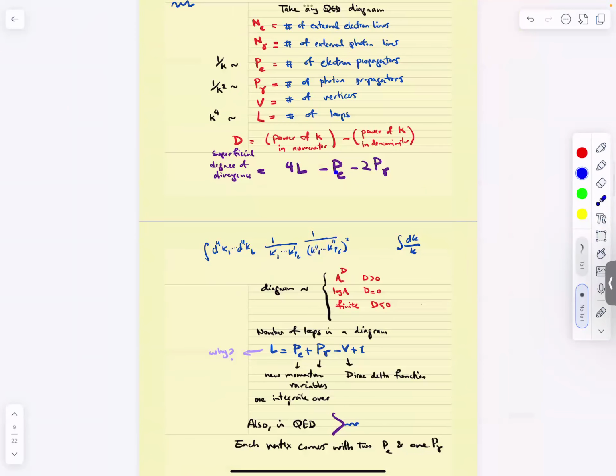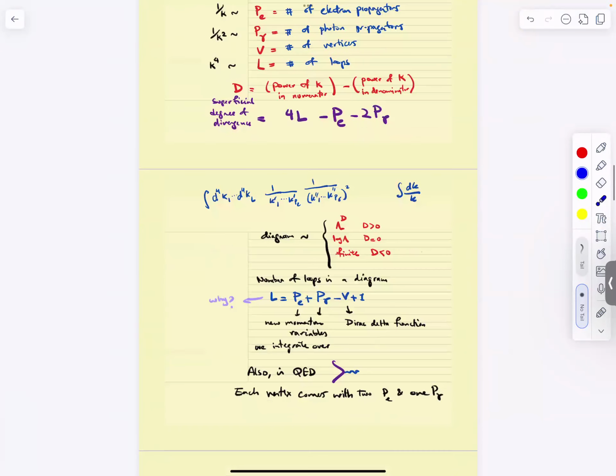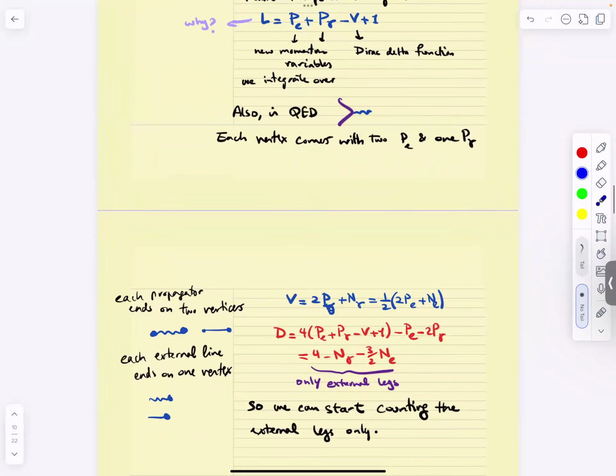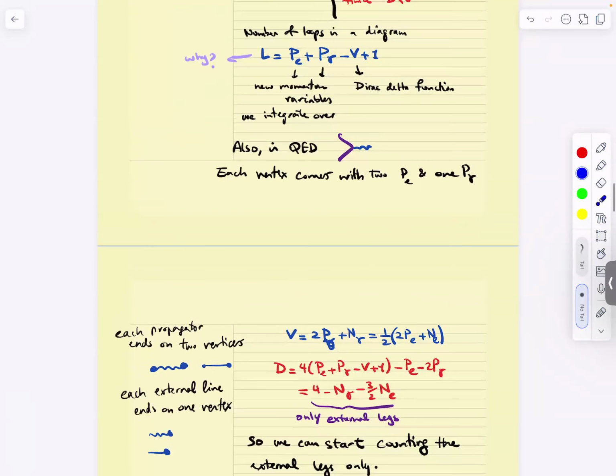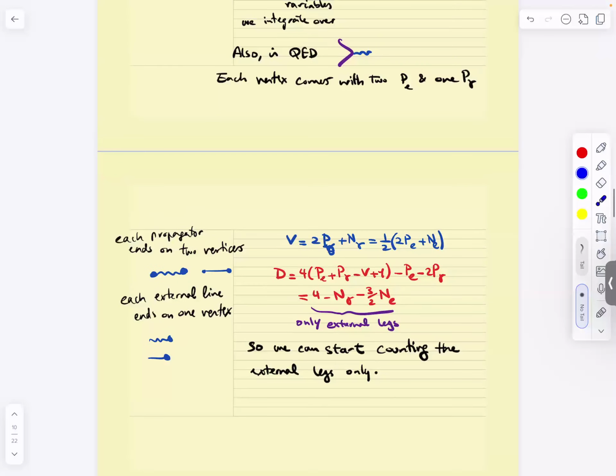So 4L minus P gamma. First thing you could do is write down L in this language. Using this, you obtain something that's independent of L, so you eliminate the number of loops. Next, you can eliminate the number of vertices by plugging in this relation or this relation.